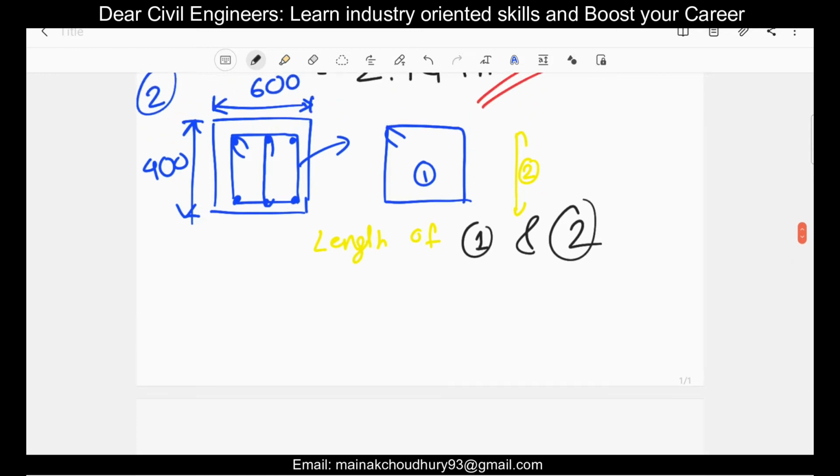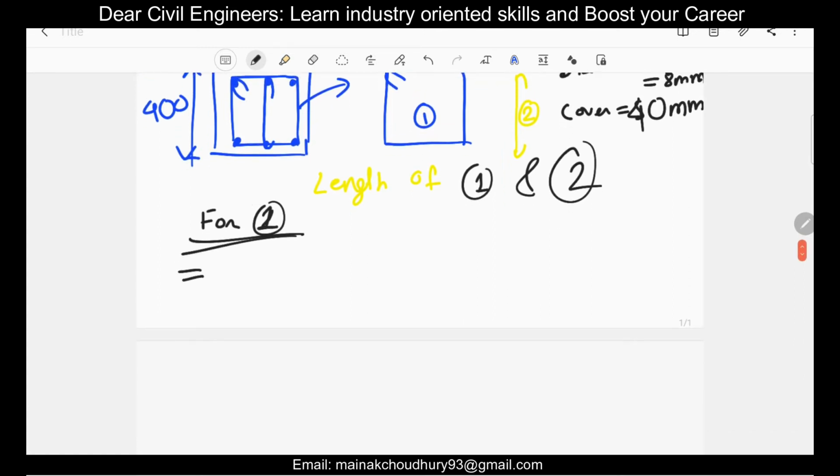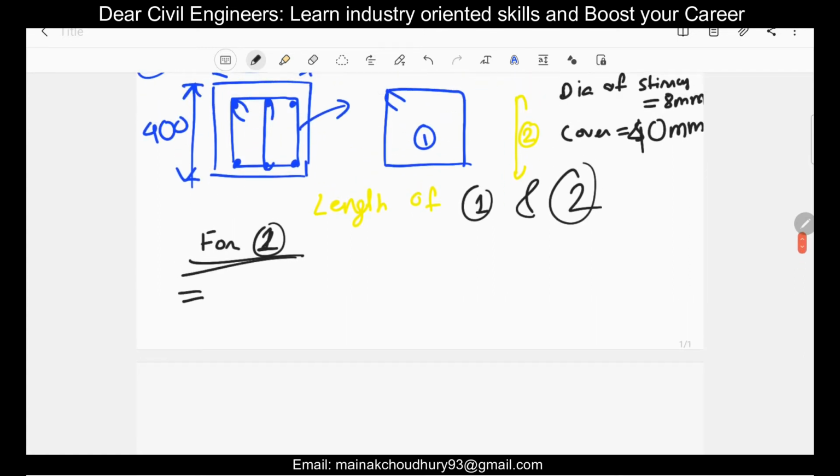So now for 1, let's calculate the length. The dia of the stirrup is 8 mm here, and the cover is still 40 mm. So this data is the same.